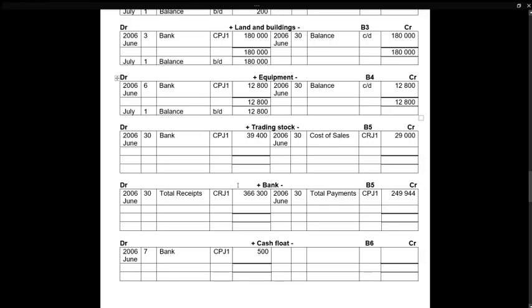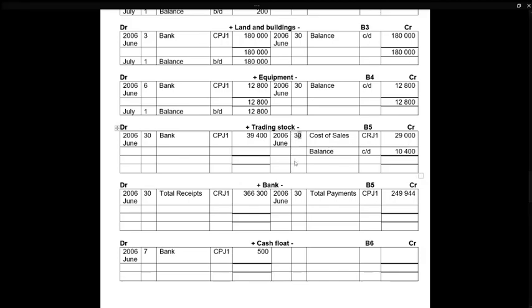Right, trading stock. I can see that my debit side is way bigger than my credit side, therefore I need a certain amount to make the two sides equal. I can see that I need 10,400 Rand for my trading stock. Let's just quickly confirm that I've done it right. Trading stock 10,400 Rand. That was a calculation, carried down. Details will be balance. I did this at the last of the month.